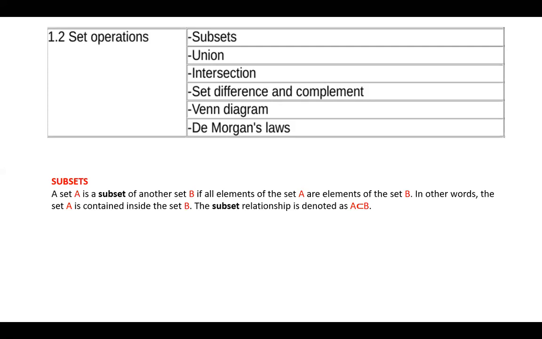Whenever you see this symbol in mathematics, just know that we're talking about a subset. So this is an example here for the subset. You can see we have set B there, set A.